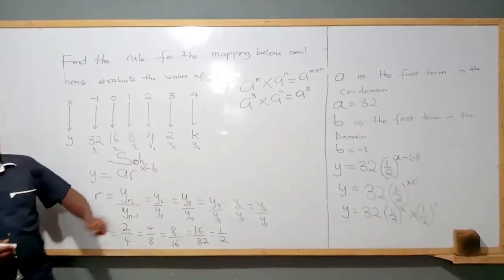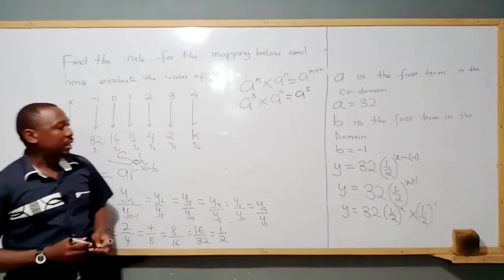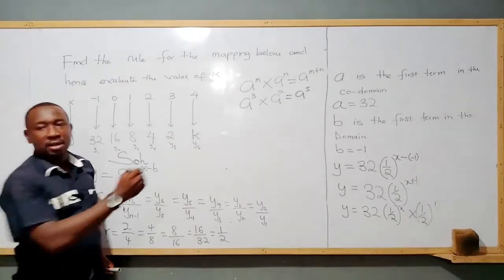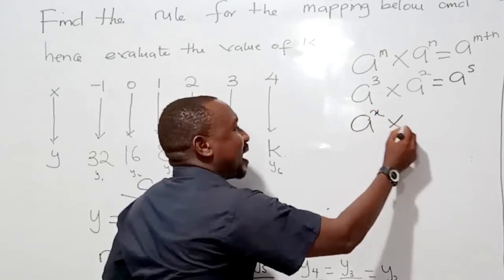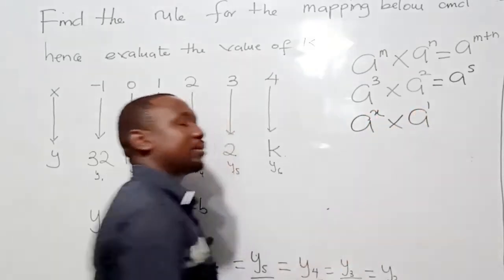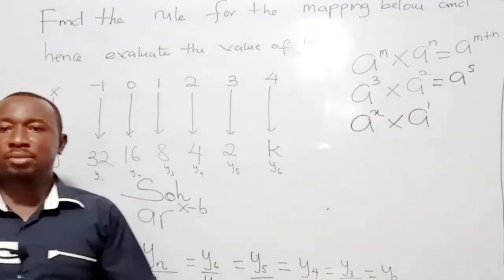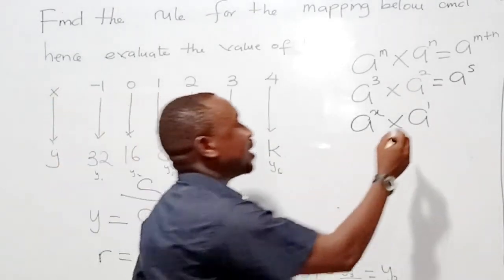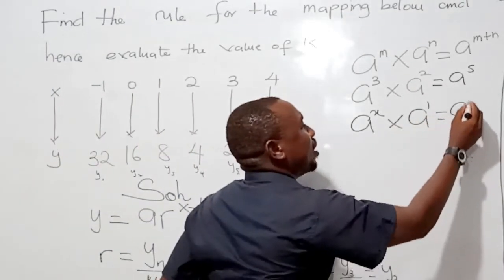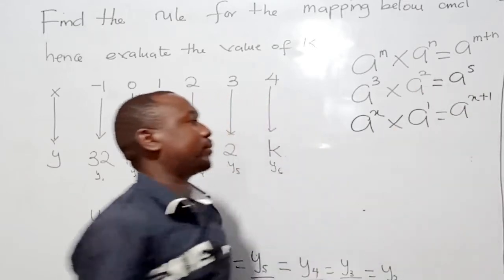Okay, if you understand it from this angle, then let us also note that a to the power x times a to the power 1 is the same as a to the power x plus 1.